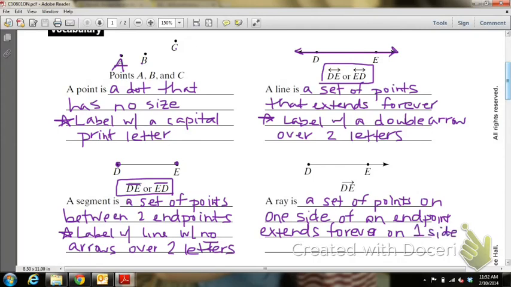So you can see in the picture up here, it starts at D, D is the endpoint, and it goes to E, but then it goes forever past E. So you're going to label with a one-sided arrow over two letters. Arrow over correct letter.